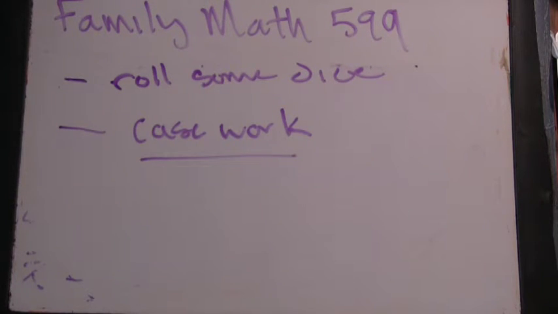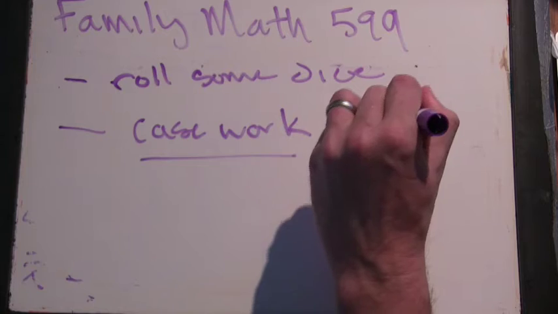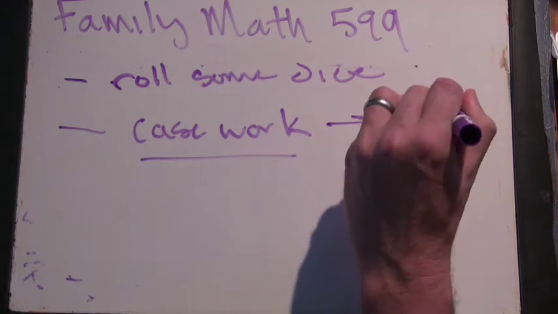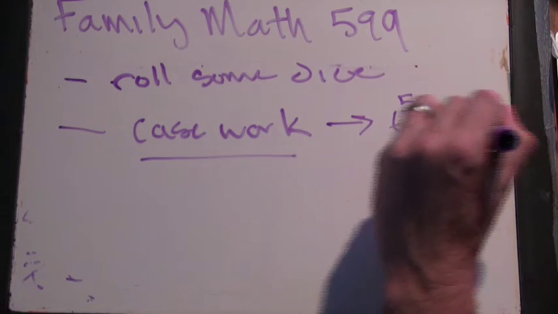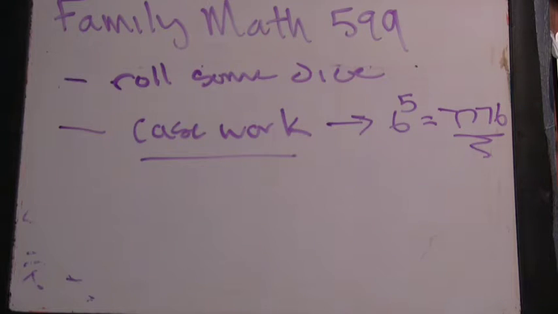So it's 6 times 6 times 6 times 6 times 6, which is 6 to the 5th. And that just happens to equal 7776. So there's a little under 8,000 total possibilities.